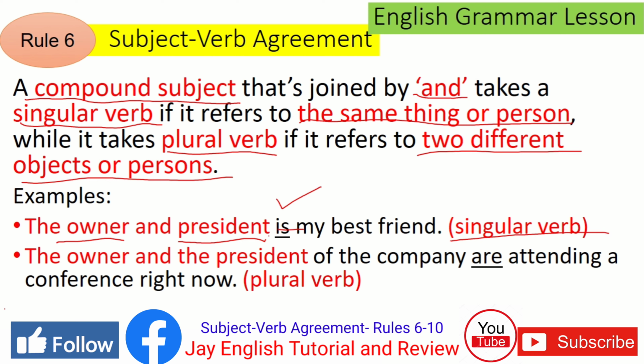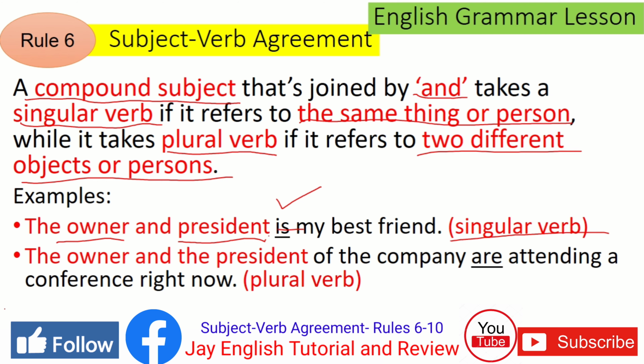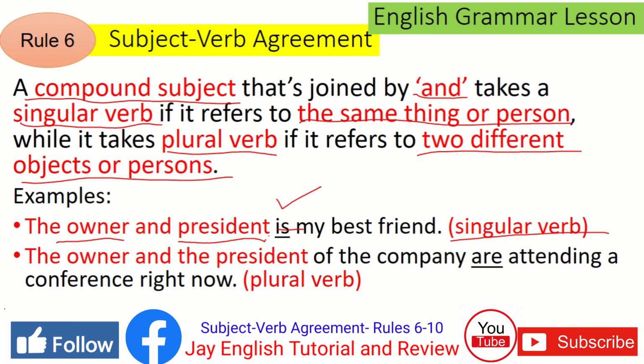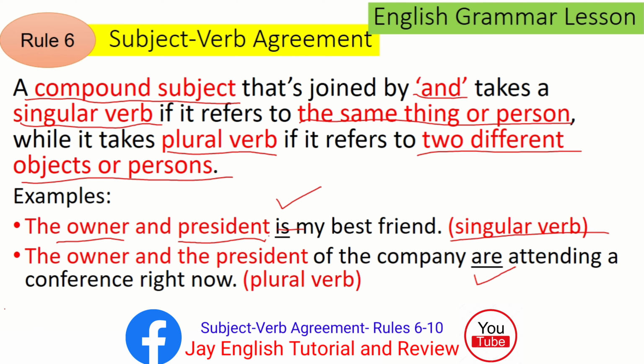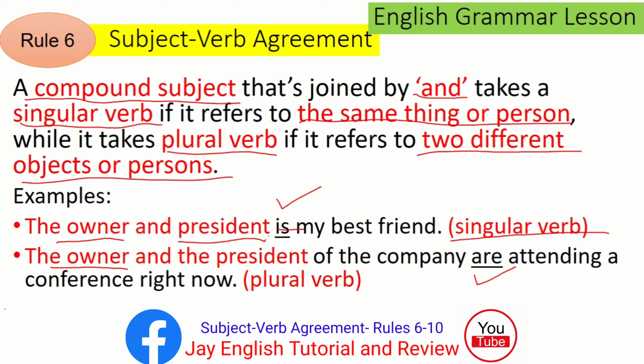Another example, "The owner and the president of the company are attending a conference right now." So in this second example, the difference is we are already using the plural verb, or plural linking verb, which is "are." Okay, so let's check first our compound subject. We have here owner, then we have another subject, president.